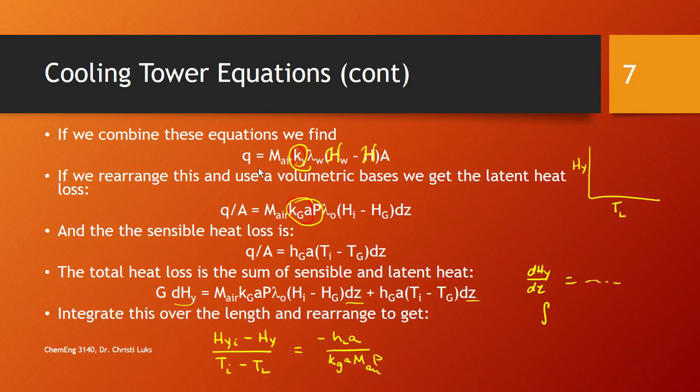And we can combine these various equations so that I end up with a relationship between the change in Hy, the enthalpy of the gas, and the change in the liquid temperature, which is related to the heat transfer coefficient over the mass transfer coefficient, with the molecular weight of air and total pressure, well, to get the units right, basically.